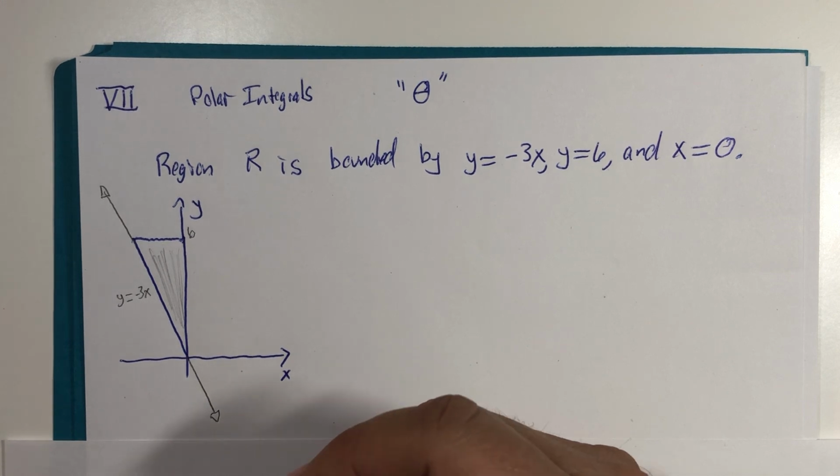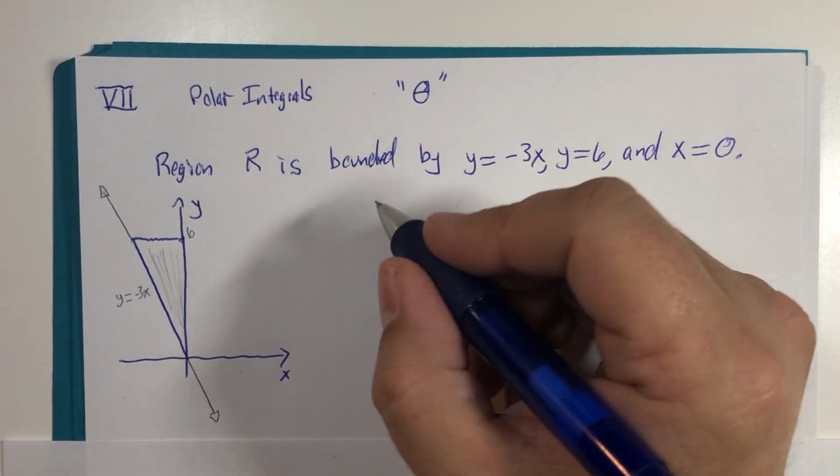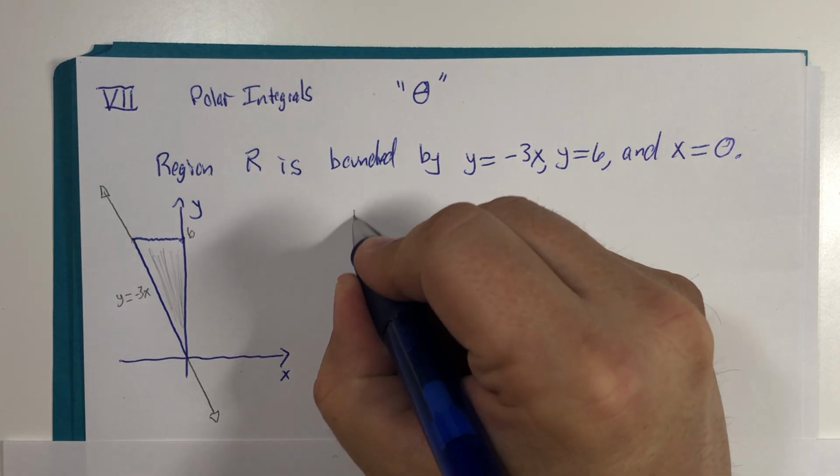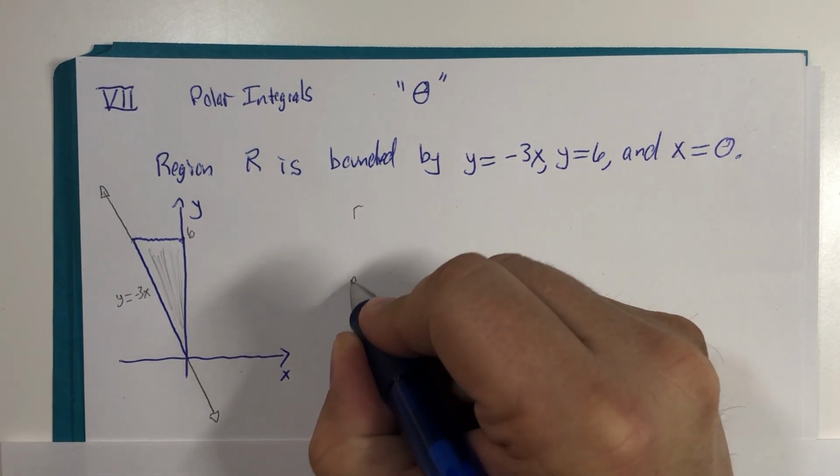And when we investigate this, we have to set up our integration. We would need boundaries for both r and for theta.